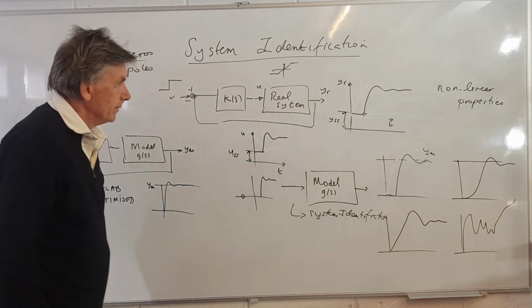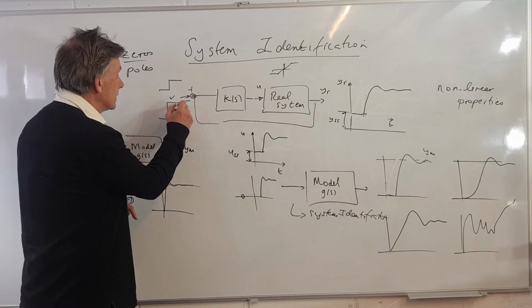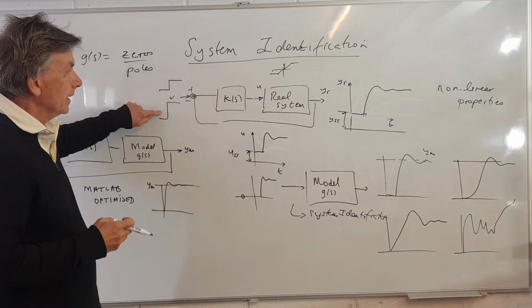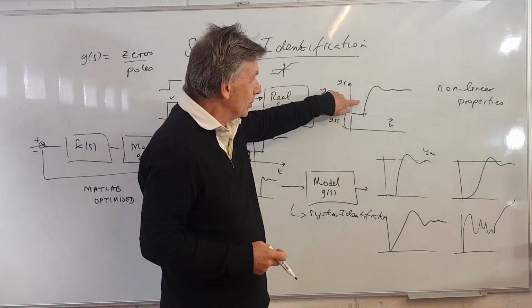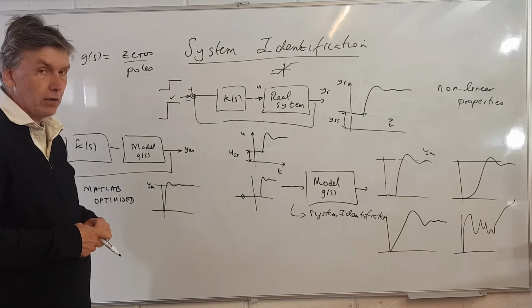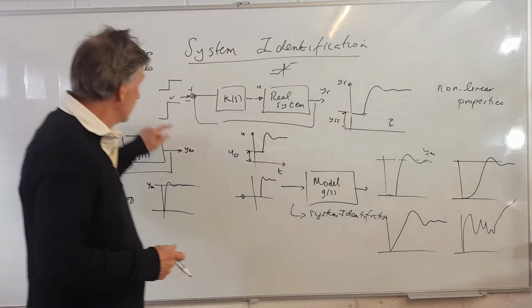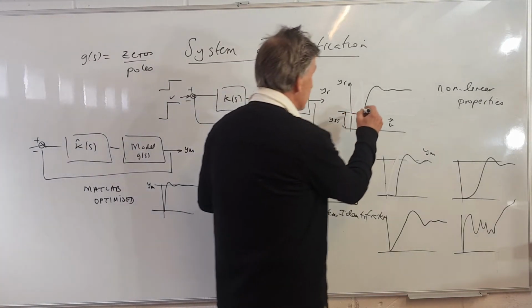Another issue which you've got with non-linear properties is that if you double the size of the input step, if the output perfectly doubles, then you know that you're in a linear region. But what can often happen in a control system is you do one step, you get something like this. You double the step, and it doesn't perform the same.